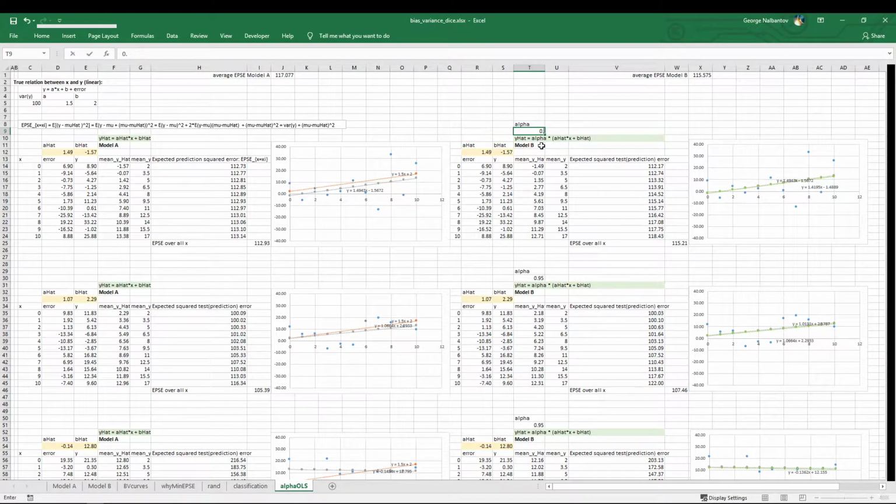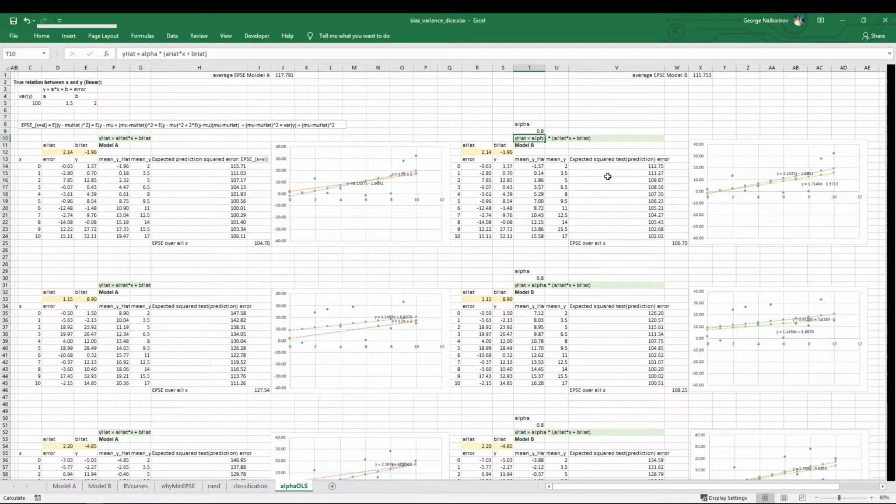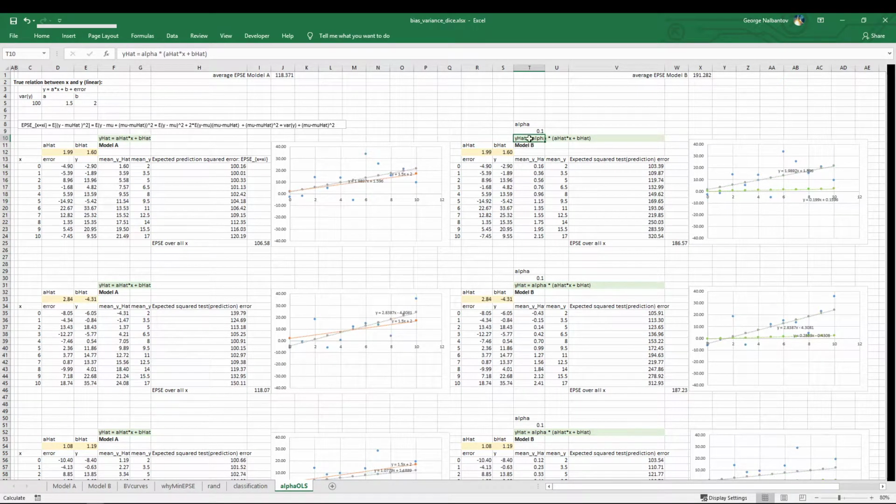Okay, let's multiply it by something even smaller, so that we have here the green line. The gray line is from OLS, and the blue one is whatever was our OLS prediction times 0.8. So we can see 0.1, then the blue one is almost 0, because y hat is multiplied by something very close to 0.